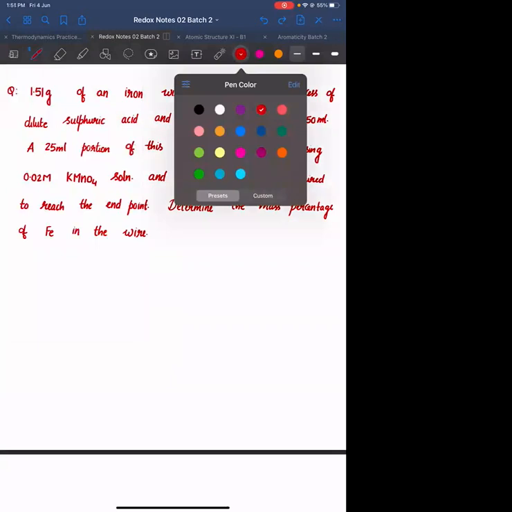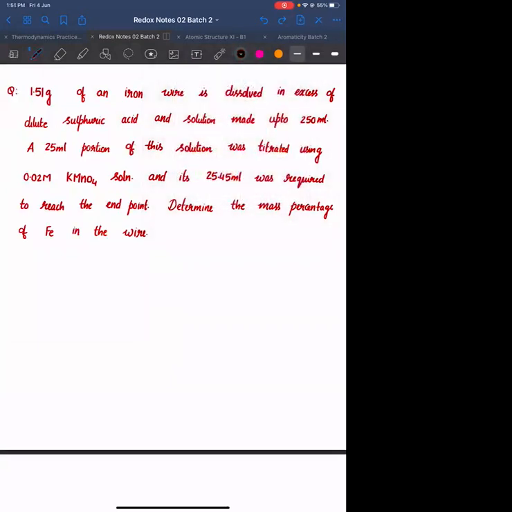Understand what is happening in the question. You have Fe wire that is introduced in H2SO4 solution. What will be the reaction?